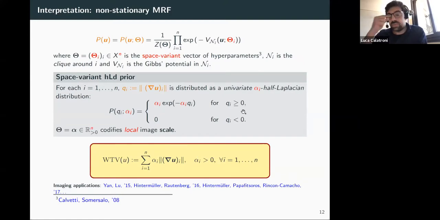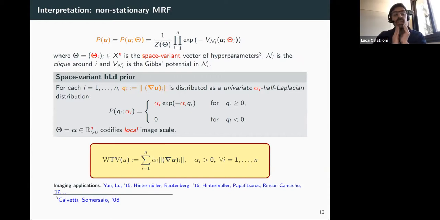If you make this assumption, you can simply follow again the same strategy that I detailed in the first slides and derive this weighted TV regularization, where now the scale parameter alpha I is a local parameter, so it cannot, of course, go out from the sum.